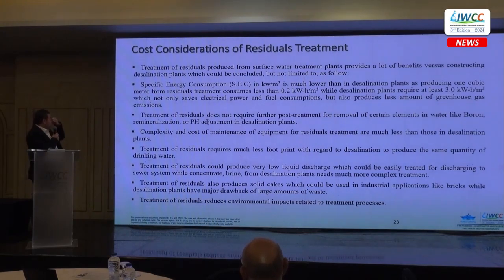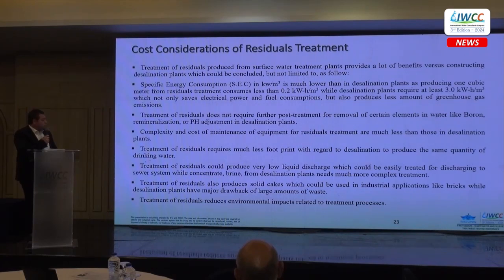According to cost considerations of residuals treatment, we could say that specific energy consumption for treatment of residuals in a conventional treatment plant is about 0.2 kilowatt hour per cubic meter, while in a desalination plant it is at least 3 kilowatt hour per cubic meter.